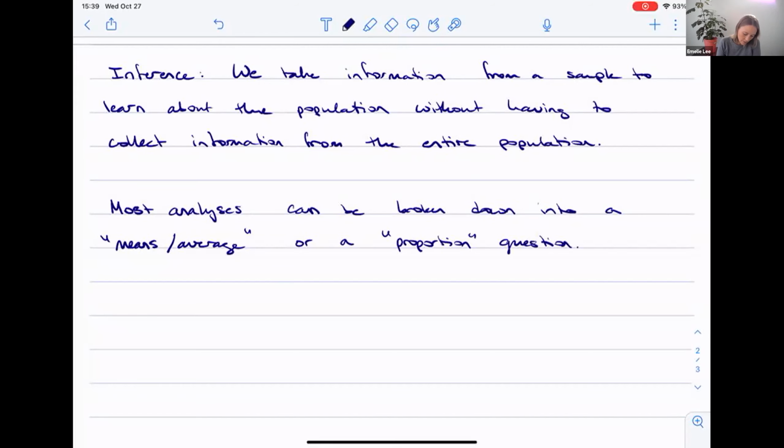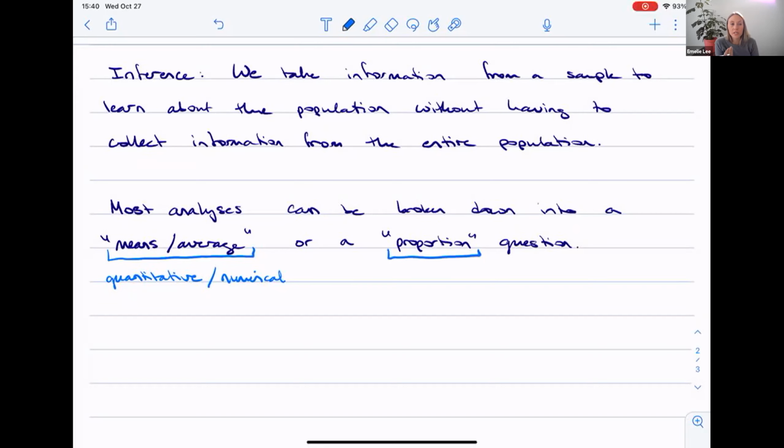If you're talking about the average, then remember, this is if you have quantitative or numerical data, however you want to describe it.